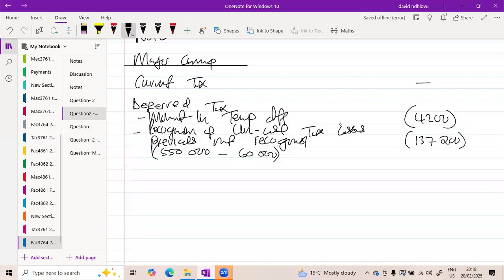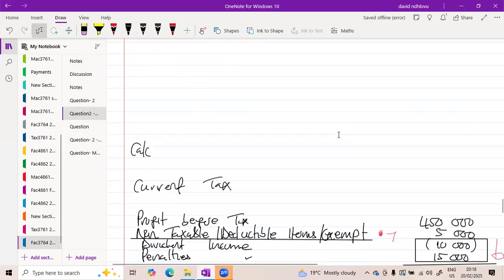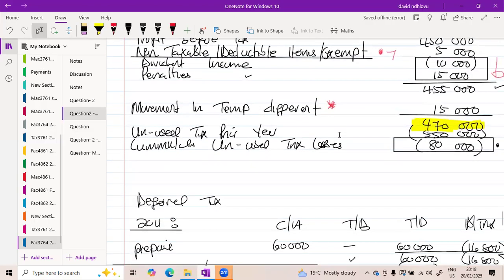Then you bring in unused tax losses recognized in the current year. You go to your current tax year. I hope you remember this. This is the balance that was outstanding.